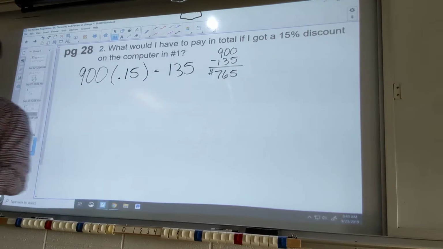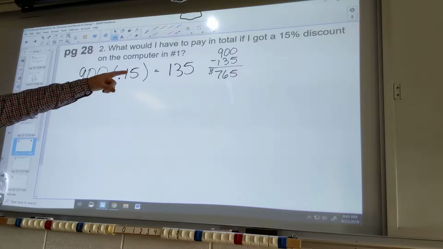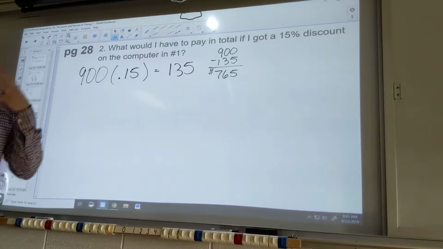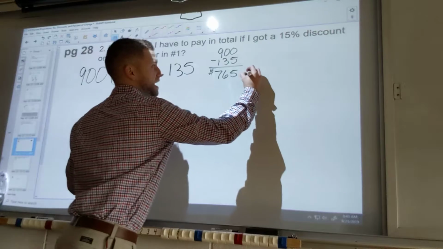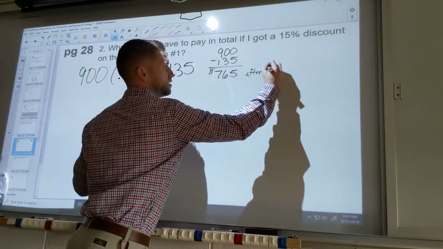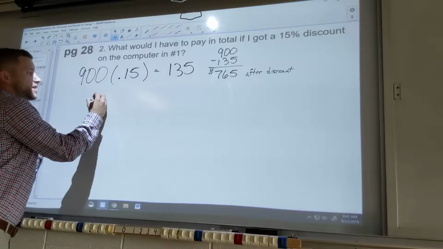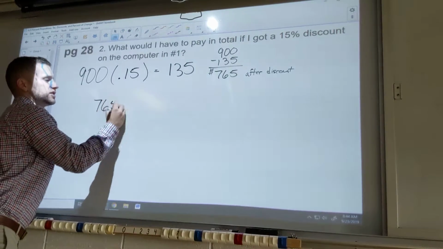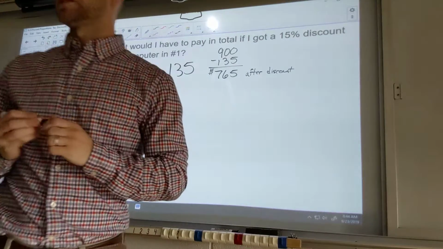So if there was only a discount, a 15% discount, this is what that price would be. However, is that the only thing we have? We also have sales tax, right? So this would be after discount. Now we're going to take that price, 765, and multiply it to find our tax as well.